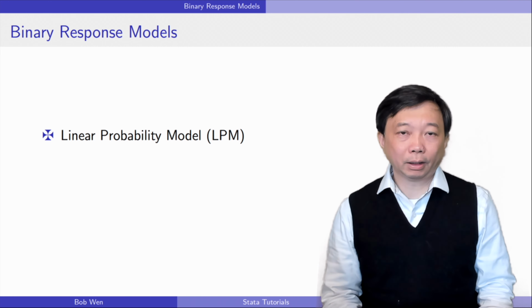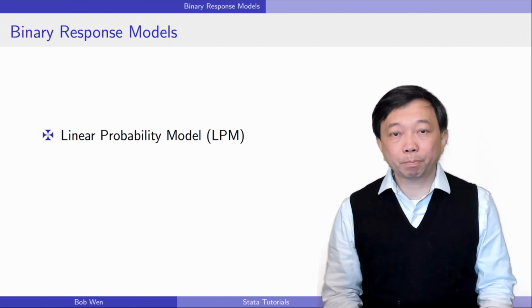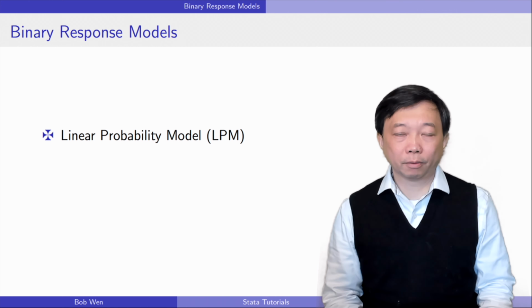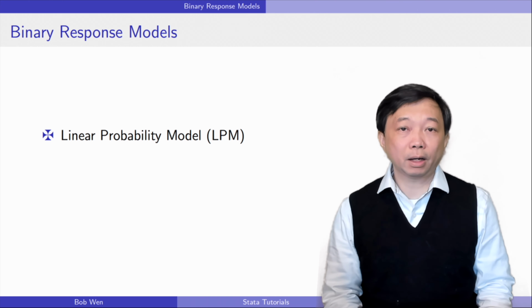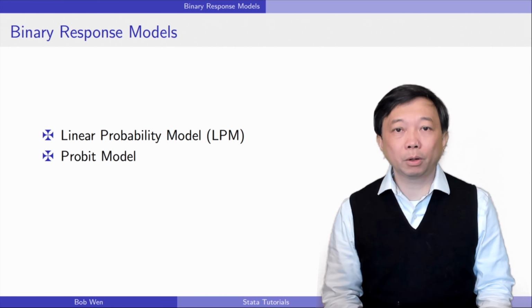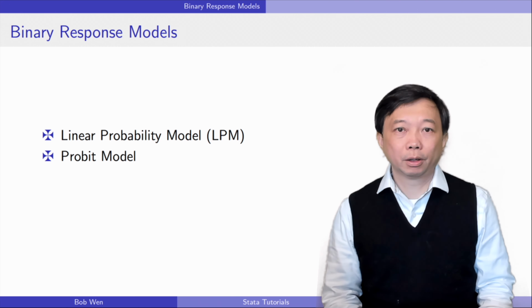Moreover, the marginal effect of the explanatory variable on the outcome variable is a constant for every value of the explanatory variable. To overcome these disadvantages, we can use nonlinear models, such as the Logit and the Probit models, for the binary outcome variables.